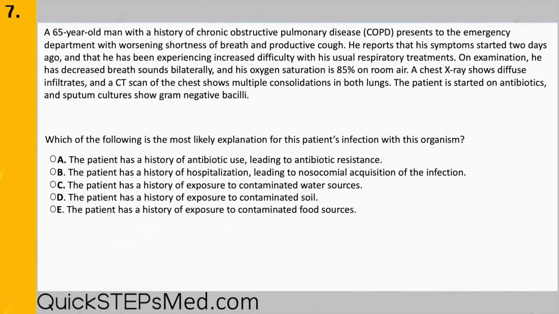And you'll notice that all of those organisms that I just said are more so associated with nosocomial acquisition. Right? So if you're previously hospitalized, we do worry about Pseudomonas in terms of gram-negatives, right? Pseudomonas, Klebsiella, and none of those fit choices C, D, or E.